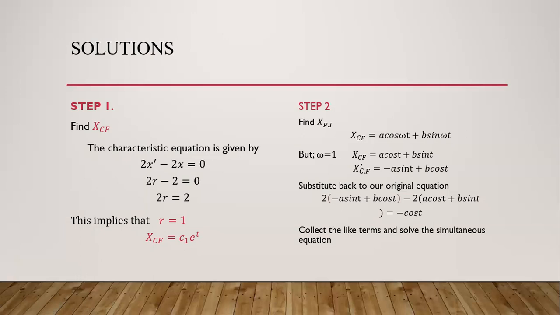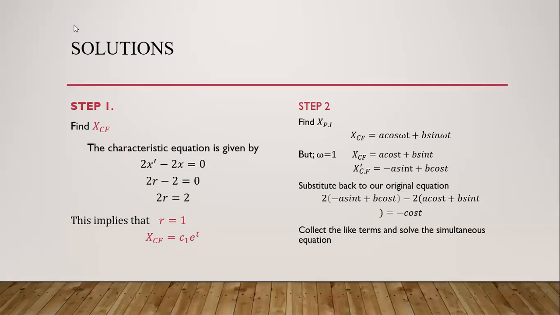And what happens when you differentiate a cos t? What do you get? Negative a sin t. That is good. So when you differentiate a cos t, you get negative a sin t.